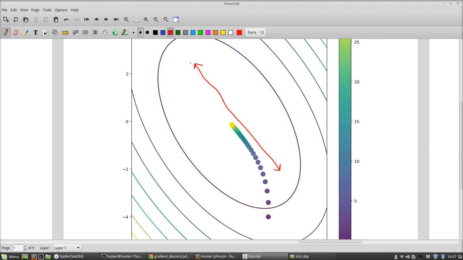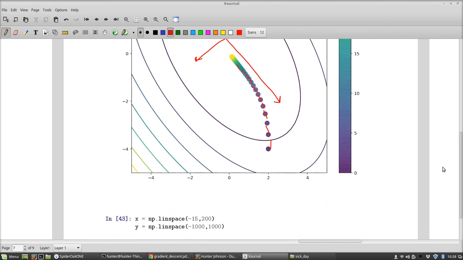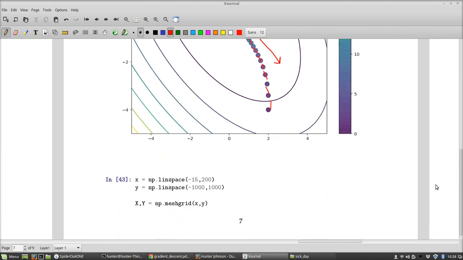It's elliptical, and this dimension is exaggerated compared to this dimension. And so the thing has to walk a long way in this dimension, and so that can make convergence take a longer time to achieve.